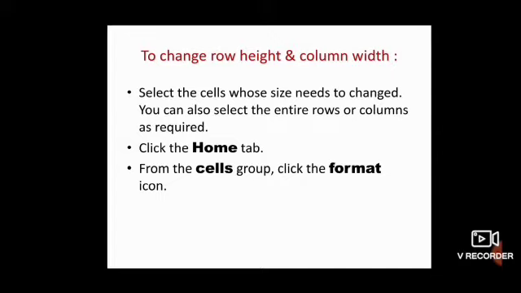Now next is to change row height and column width. Okay? So, select the cells whose size needs to change. You can also select the entire rows or columns as required. Click the Home tab. Then, from the cells group, click the Format icon.